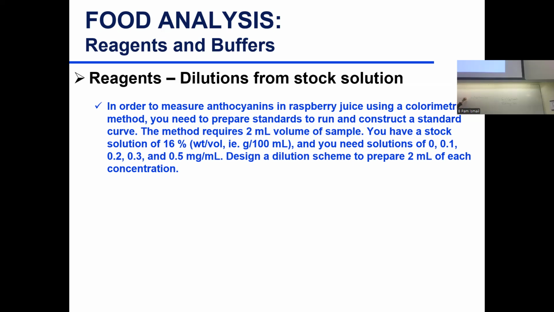And then I want to know how much I need of that stock solution to prepare 2 ml of 0.1. Okay. Then we determined that it's such a teeny tiny amount. Remember that?